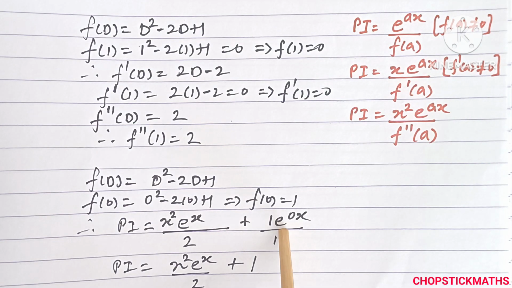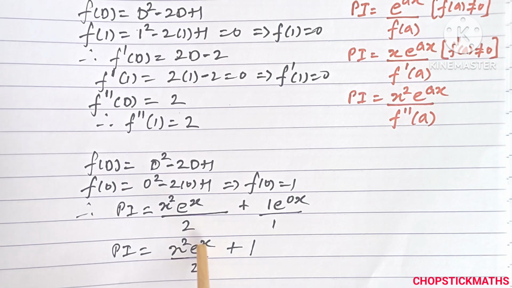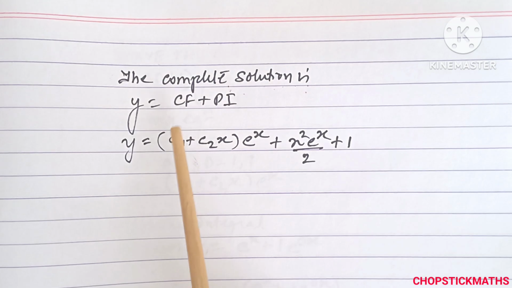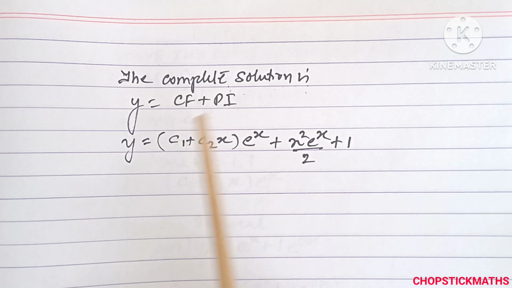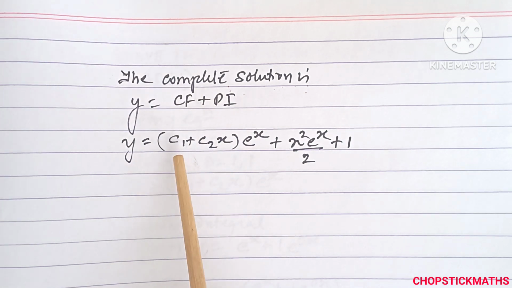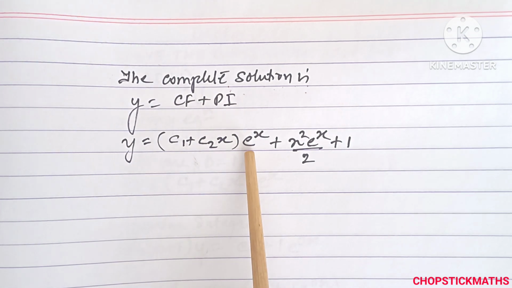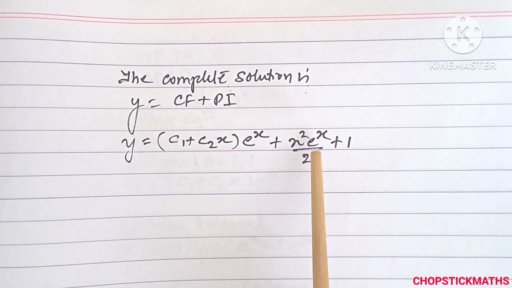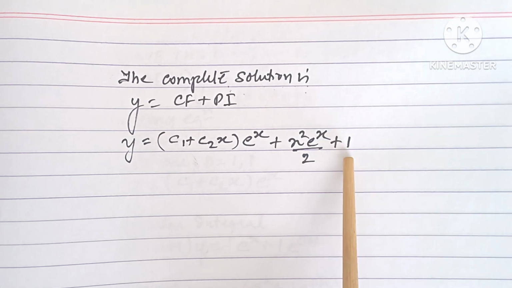So the PI will be 1 into e raised to 0x upon 1. So the PI is equal to x square e raised to x upon 2 plus 1. Hence the complete solution is y is equal to complementary function plus the particular integral, that is y is equal to c1 plus c2x into e raised to x plus x square e raised to x upon 2 plus 1.